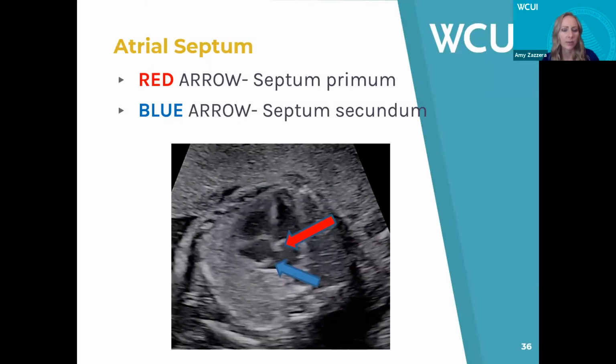And then here we're looking at that atrial septum, and we see a hole. So we know that is the foraminal valley. It is open in this picture, but we still see septum. So that red arrow is pointing to that septum primum, and the blue arrow is pointing to the septum secundum.